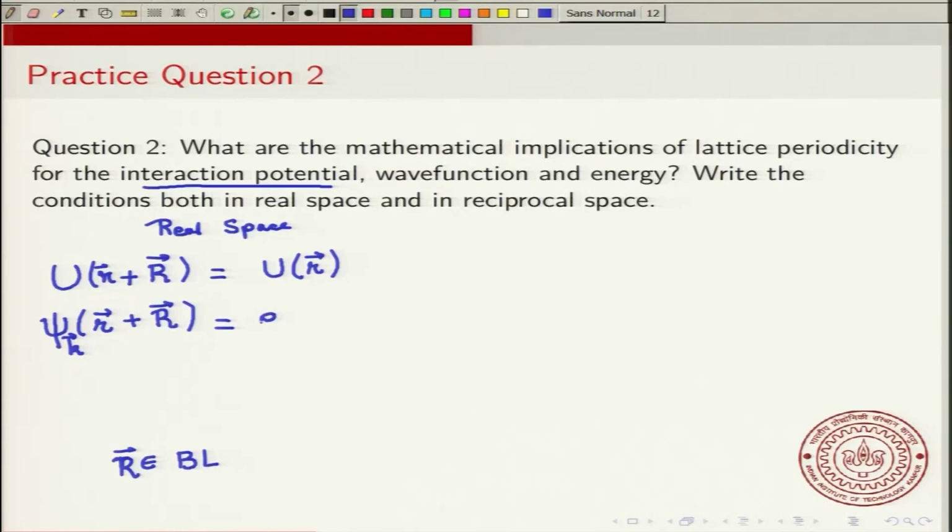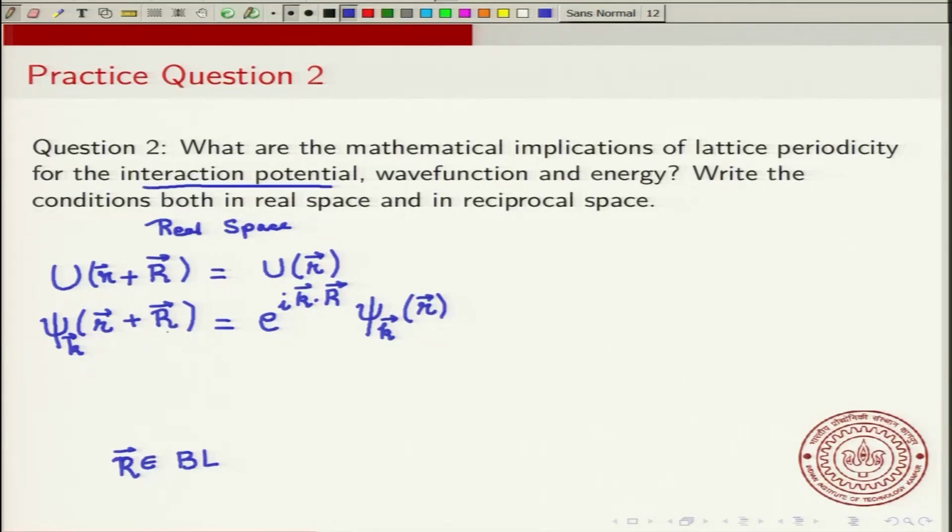And what you get now is that this is equal to e to the i k vector dot capital R multiplied by psi k. I am not writing the band index n before the k, but if you want you can put that also. So it is related to psi of r through this factor, e to the i k dot r. What about the energy?